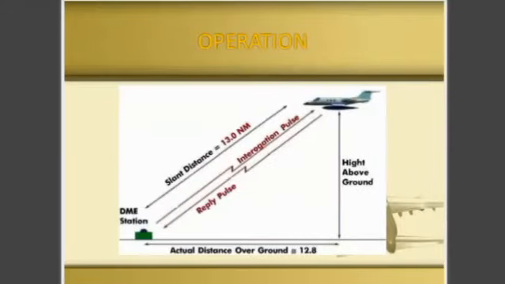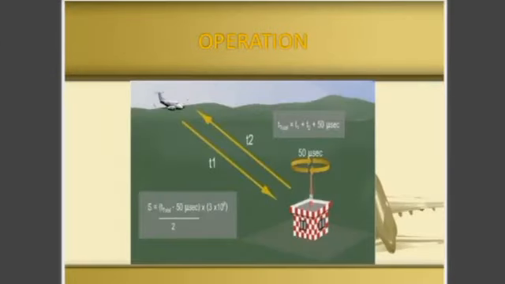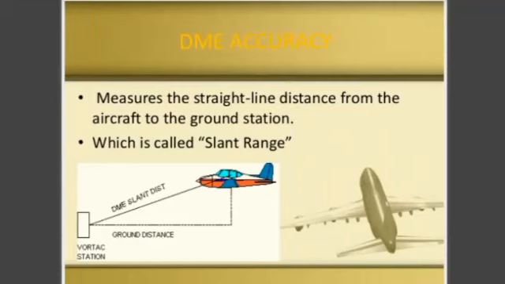In the slide you can see the images of an aircraft and a ground station. The interrogation pulses are transmitted by the aircraft and the reply pulses are transmitted by the ground station. And from this equation we can calculate the slant range only, that is the direct line of sight distance between the aircraft and the ground station. But usually for aircraft the ground distance is required.